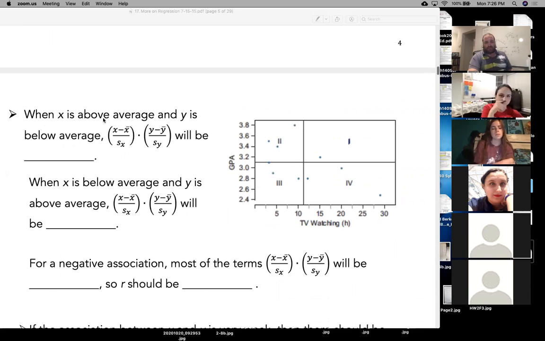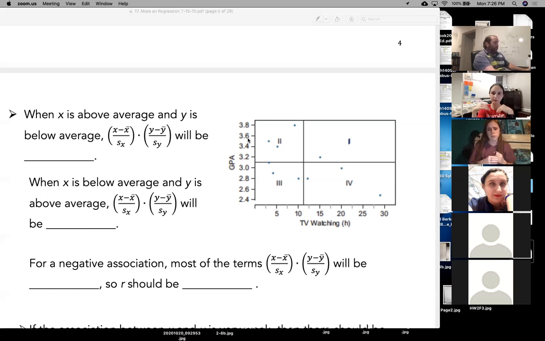When X is above average and Y is below average, which quadrant are we going to be in? That means you're on the right side, since X is above average, and below average for Y would move down.